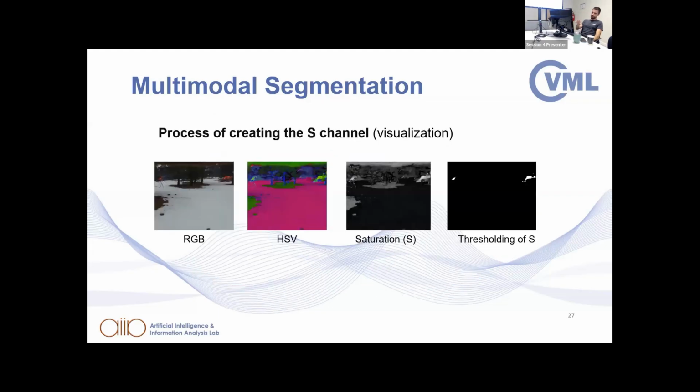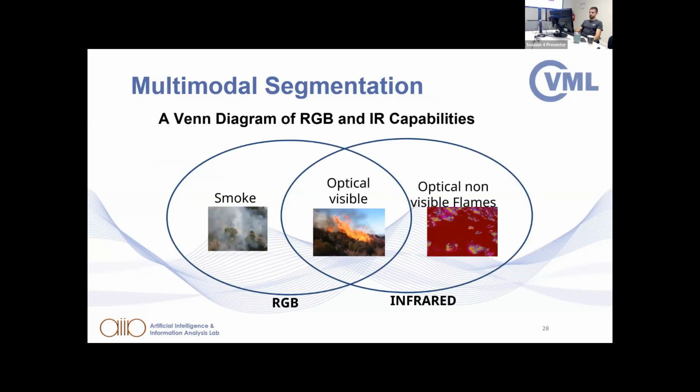However, this is not actually a multimodal model, because all the information is extracted from the RGB channel itself. We could actually use more sensors to achieve a better accuracy. In real scenarios, a single modality may not be enough to detect. Fire may be hidden below smoke, for example. So we could use infrared, a spectrum that is sensitive to heat sources and to some gases like smoke, so it can actually see through the smoke.